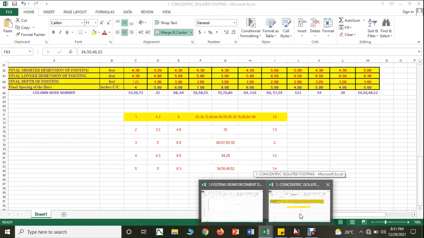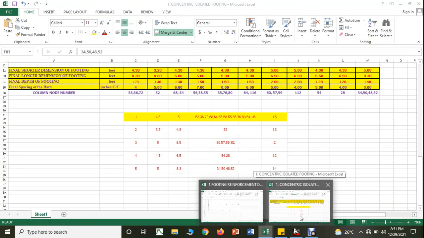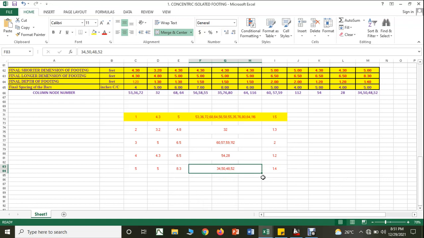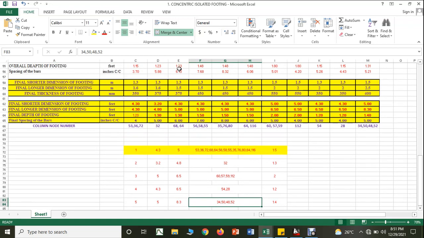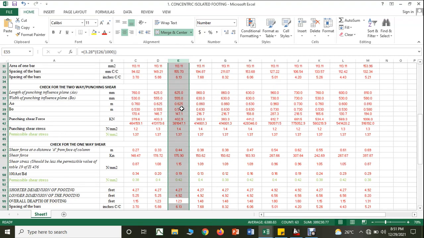The longer is 4.8 and the shorter is 3.2. And what is the thickness? The thickness is 1.3 feet.